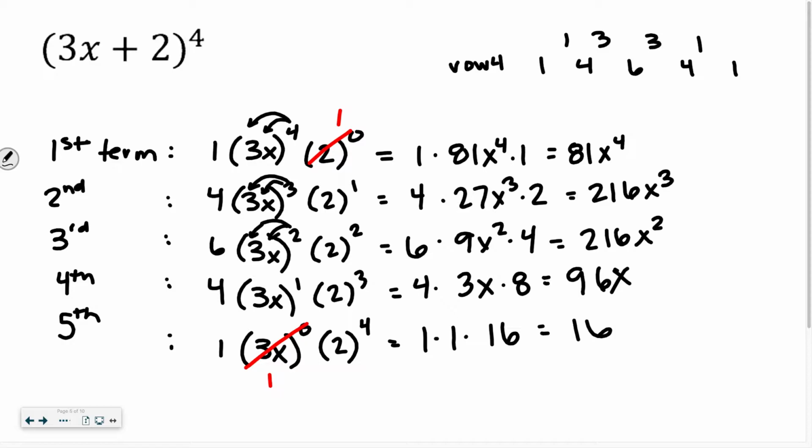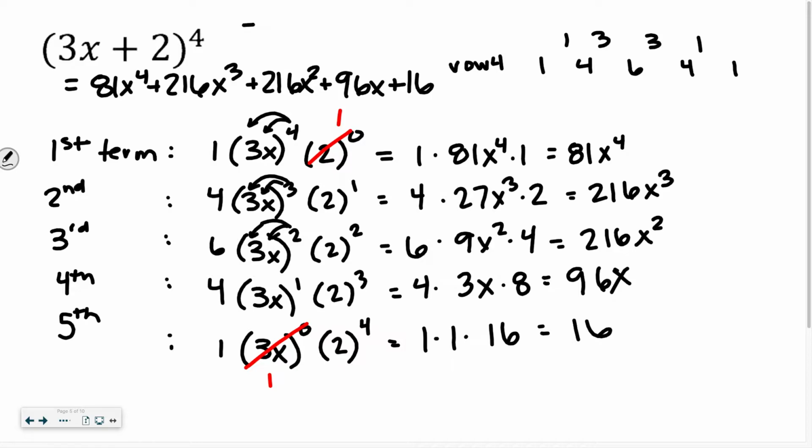So I found all 5 terms. 81x to the 4th plus 216x cubed plus 216x squared plus 96x plus 16. There's my expanded polynomial.